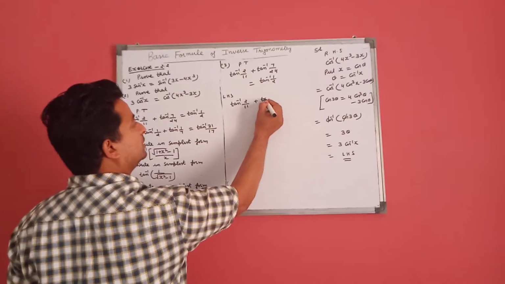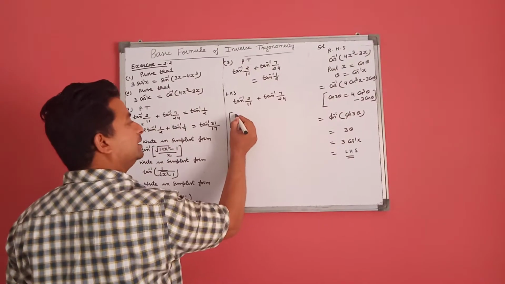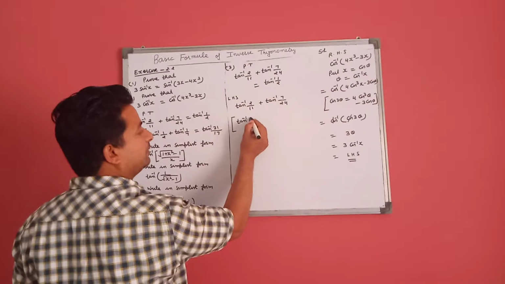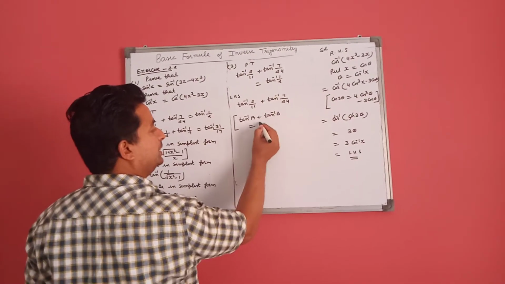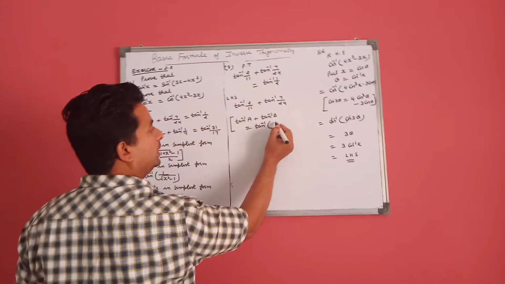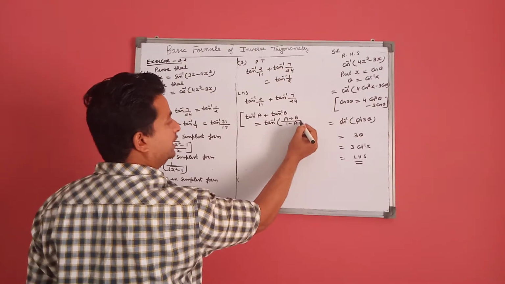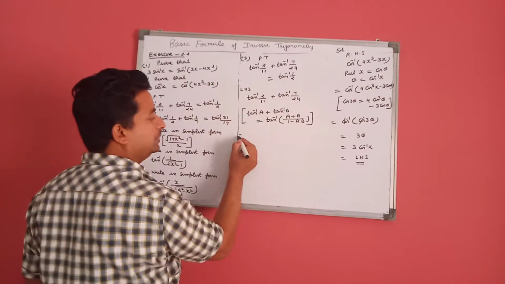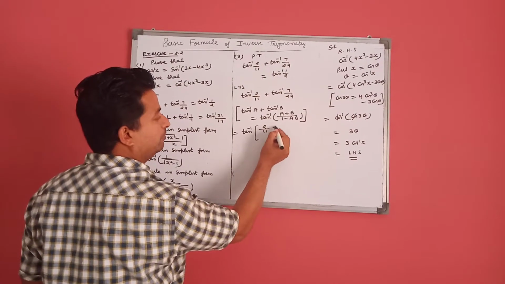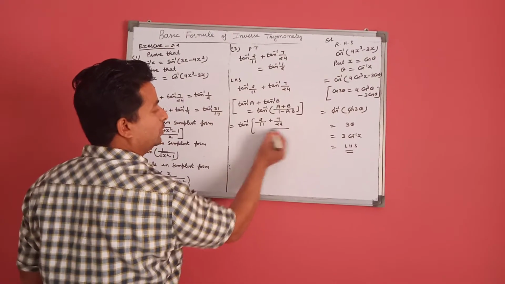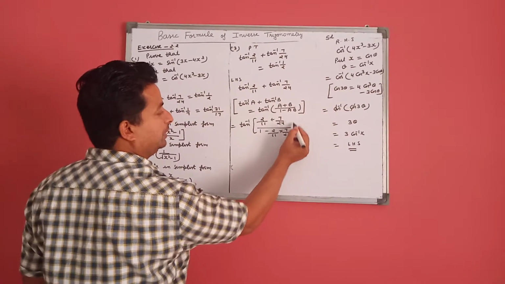As in the previous video, we discussed the formula tan inverse A plus tan inverse B equals tan inverse of A plus B over 1 minus AB. Apply this formula, tan inverse of A plus B over 1 minus A into B.